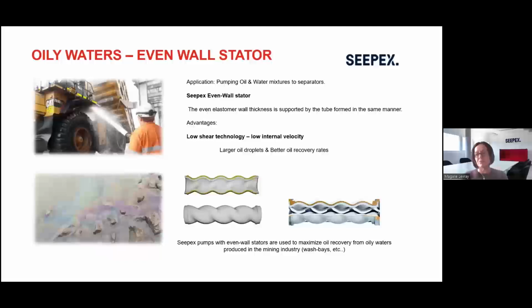Another application we have in the mining industry is with oily waters, coming from wash bays, for example, where we have to separate the oil from the water. So for oily water separation, we often provide an even wall stator. The reason is that with the even wall stator, we have a technology that brings even lower shear.